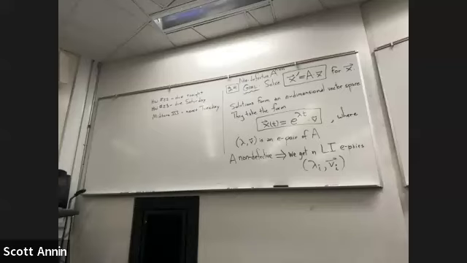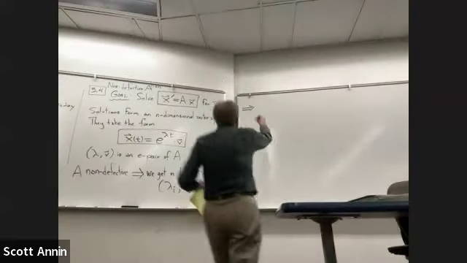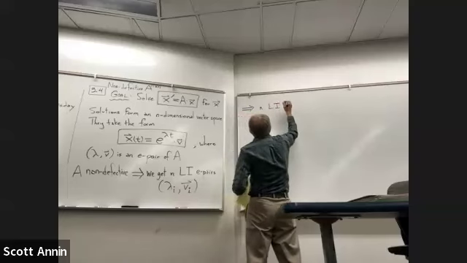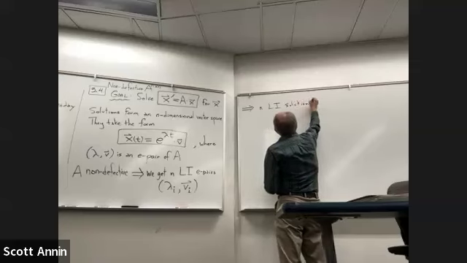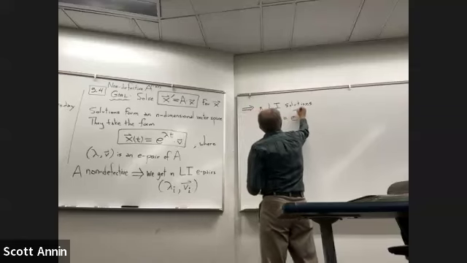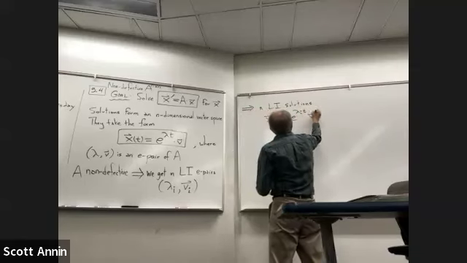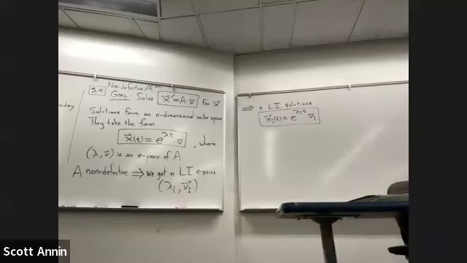So we can get all of these pairs in that fashion. And that implies, I'm going to switch over to this next board now, that we get n linearly independent solutions, namely x sub i of t equals e to the lambda i t times v i. There they all are.